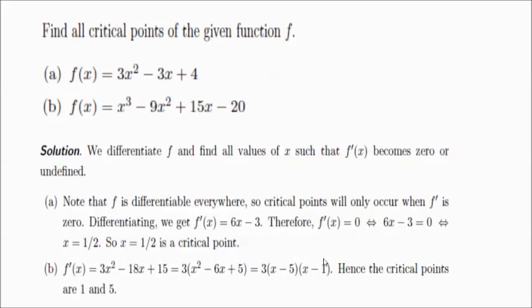So therefore, makukuha natin yung values ng x dito, wherein magzi-zero siya. Pwede mong i-equate yan to 0 and then solve, you will get two values, 1 at saka 5.